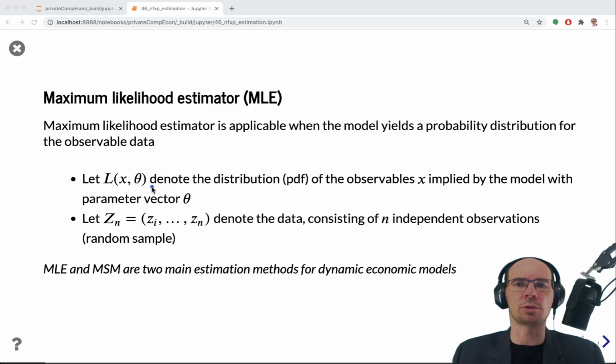We can describe some distribution of the observed variables x, conditional on some values of parameters. And then we can couple this PDF, which is defined by the model, with, say, a random sample of n observations in the data in order to arrive at the estimates for theta.